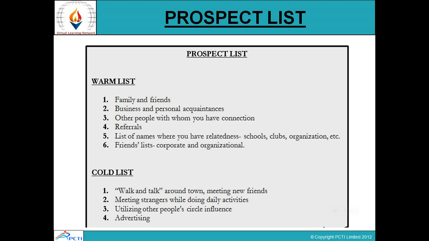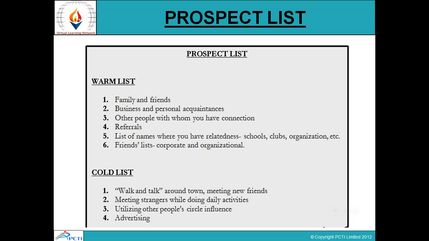The cold list also has those members who are strangers to us. Suppose we are walking in a park and some strangers meet and interact with each other while doing daily activities. The list of those people who are strangers to us becomes part of the cold list.